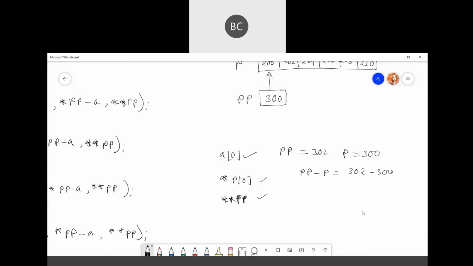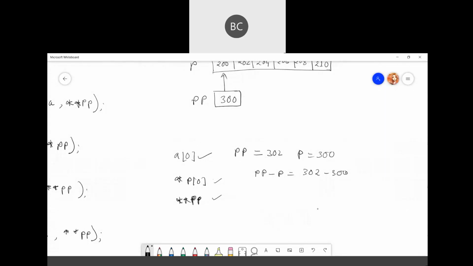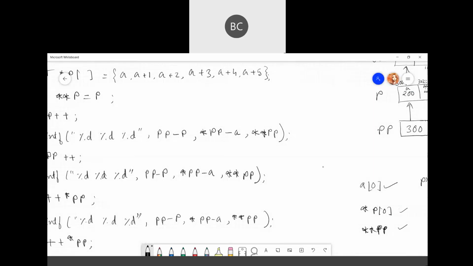But here I have taken the size as 2, so you need to divide by 2 whatever value you get. So it will be 2 by 2 equals 1. When you get the output for this part, it will give you 1.